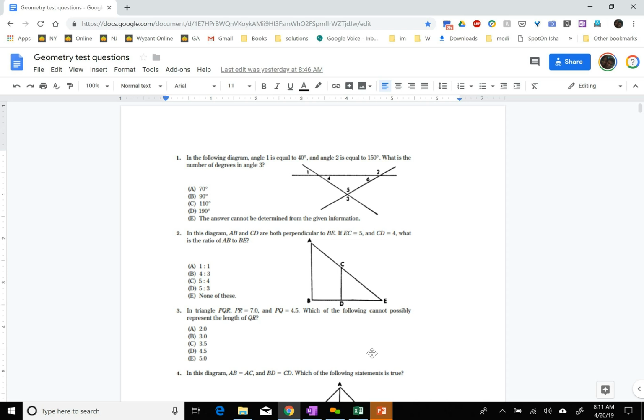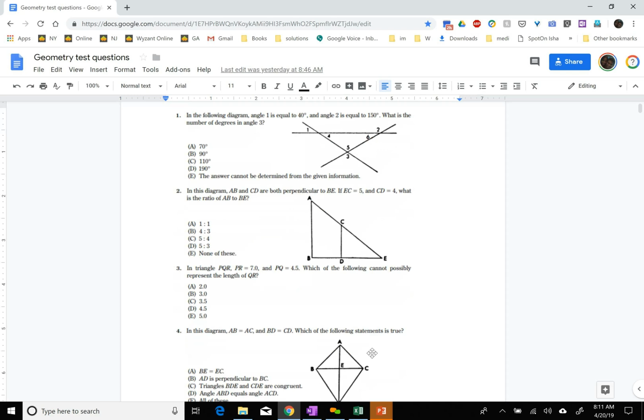Let's look at question number 1. In the following diagram, angle 1 is equal to 40. So if 1 is 40, then the angle across from it has to be 180 minus 40, so 140?